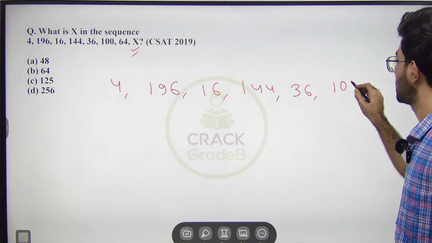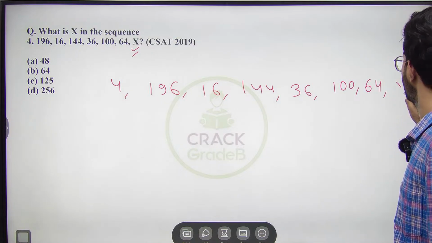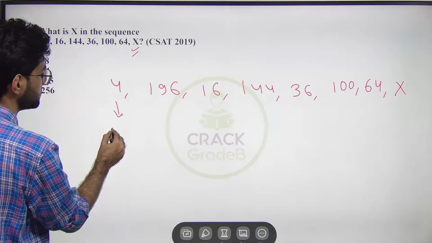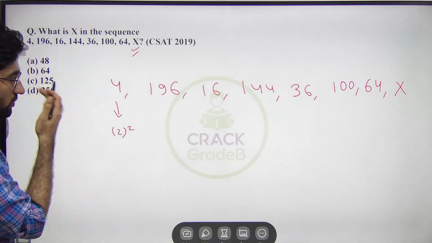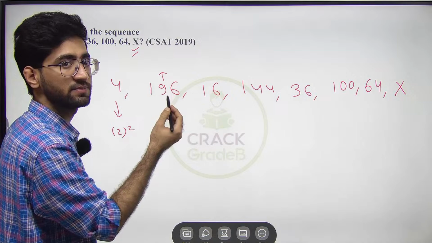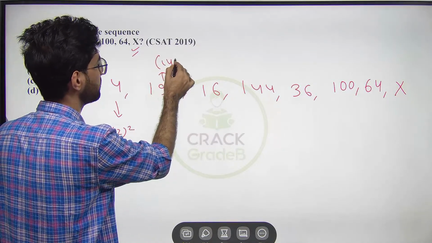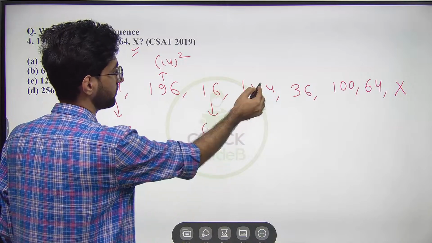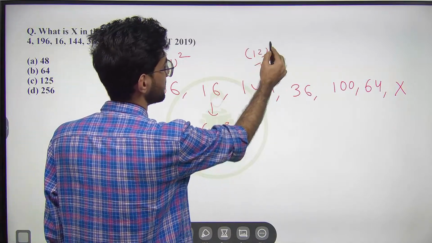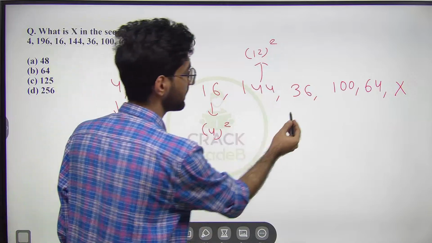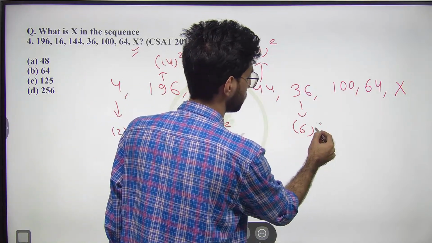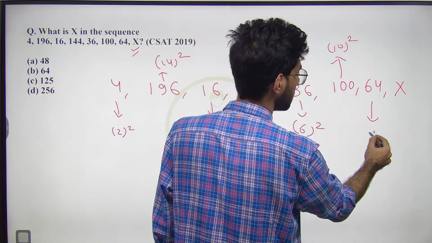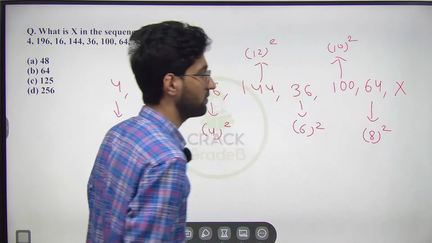Now 4 is basically the square of 2, 196 is the square of 14, 16 is the square of 4, this is the square of 12, this is the square of 6, this is the square of 10, this is the square of 8.